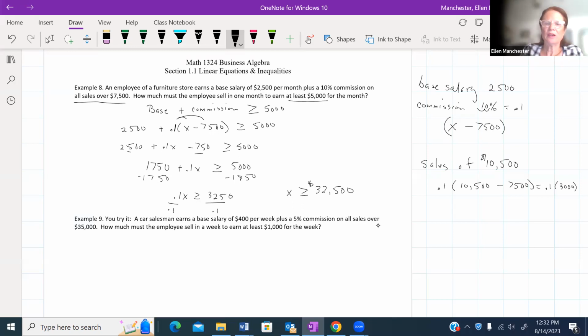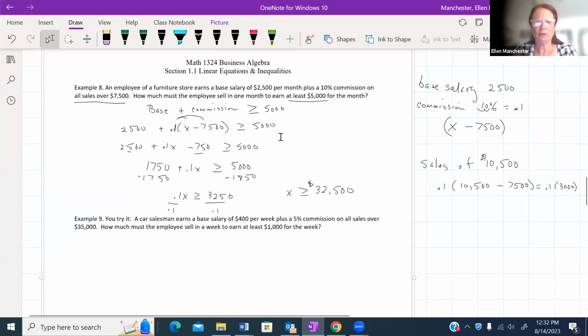Now, one thing about business algebra and business calculus is it's always good to be able to interpret. So if I were to type this in, let's see if it'll let me. I'll do it over here.